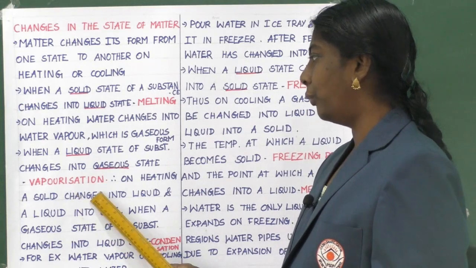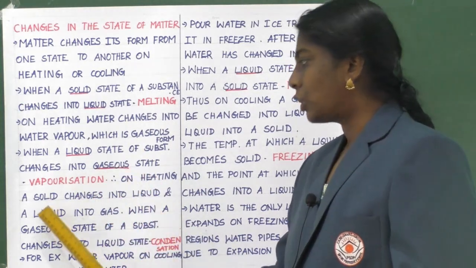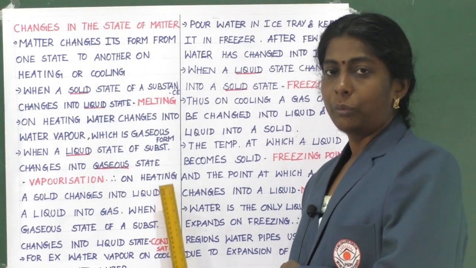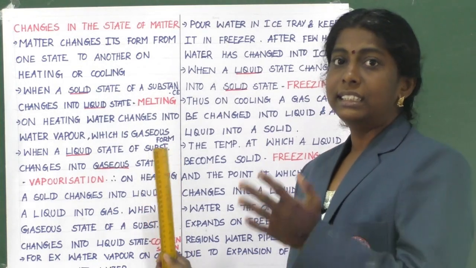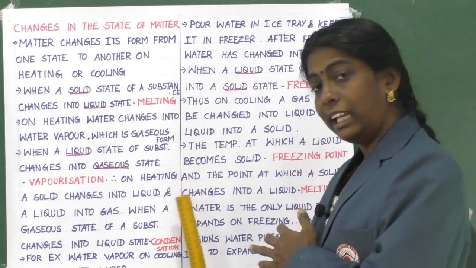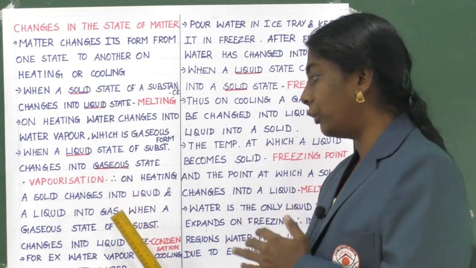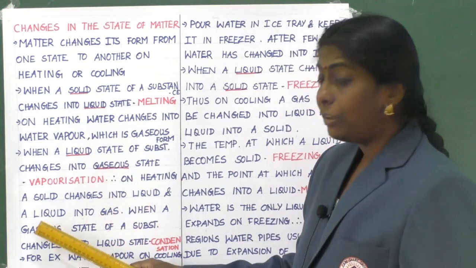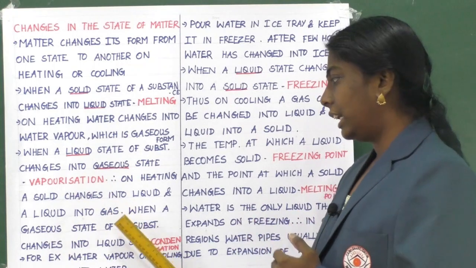Clear? Therefore, on heating, a solid changes into liquid. While heating, a solid changes into liquid, and then a liquid is changed into gas during heating. When you are heating, a liquid also will turn into gas.